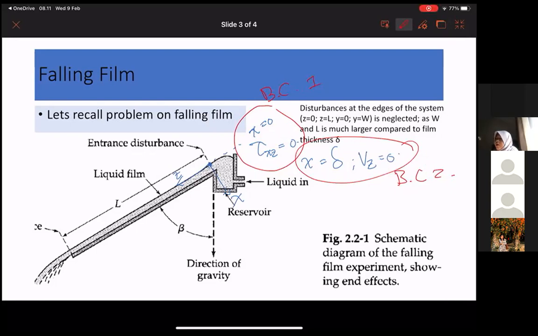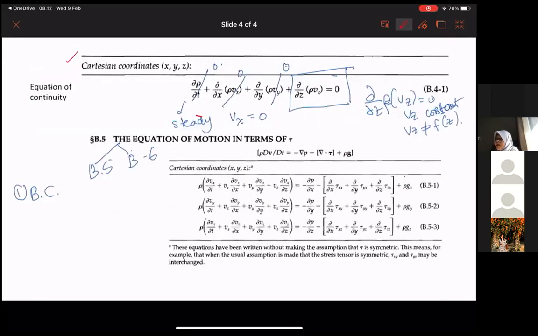Because we have a boundary condition related to the shear stress, or the momentum flux, here we can use the equation of motion in terms of tau. But if only the boundary conditions were related to velocity, you could write the equation of motion in terms of velocity, because the right-hand term is all about velocity as well.